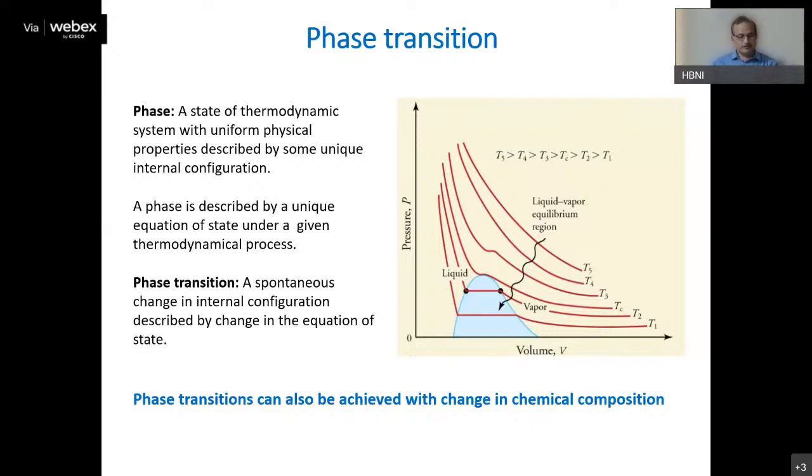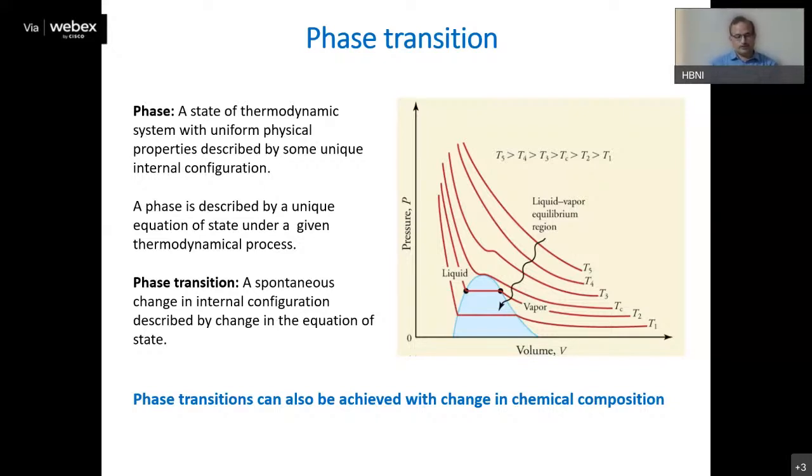This definition by itself implies that we can define the phase transition also. Whenever there is a spontaneous change in the internal configuration, there is a change in the equation of state, and this describes the phase transition. Here I would like to emphasize the word spontaneous. Spontaneous means that without any influence of an external field, the property of the system changes.